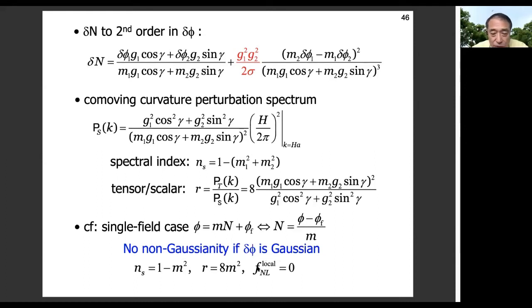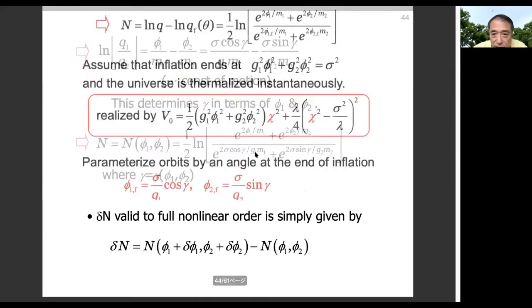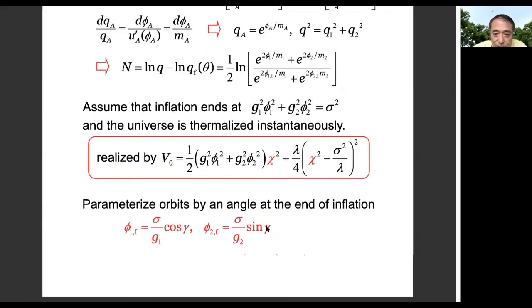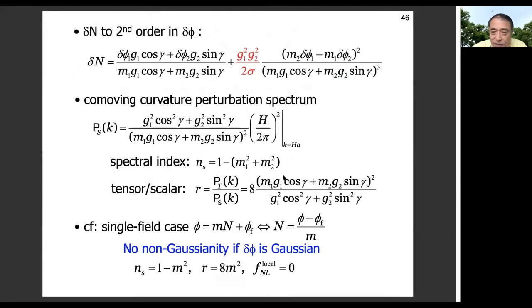Okay, so compared to this case, as soon as you introduce another field and it gives some non-trivial condition for the end of inflation, expressed for example like this, then you find immediately a highly non-trivial result, and everything can be tuned to whatever value you want to obtain.